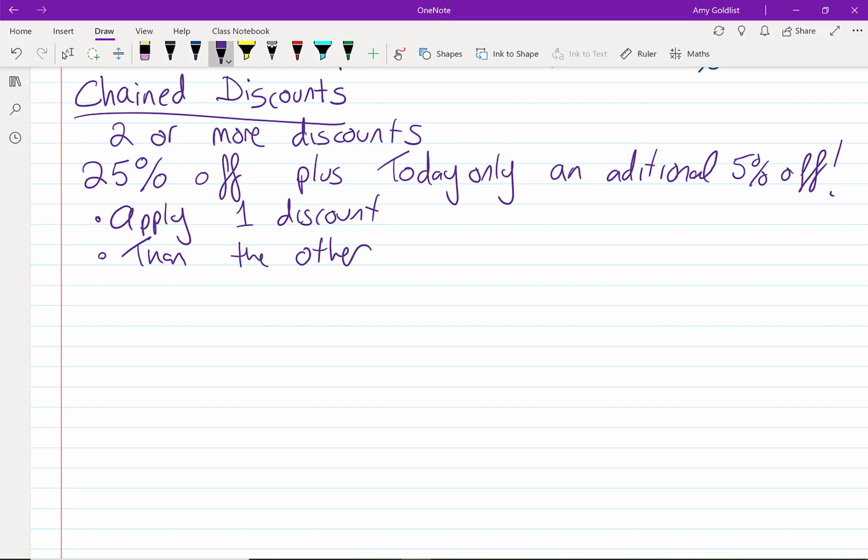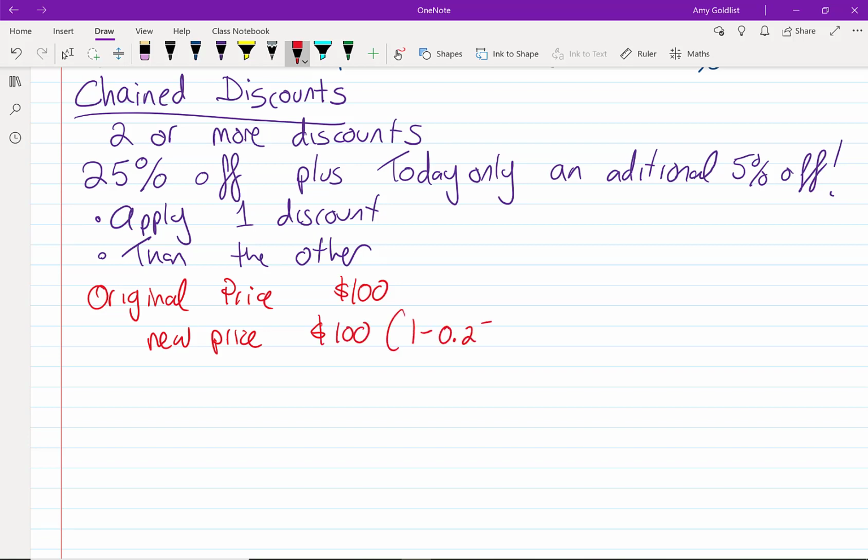So let's pretend that we have something that's worth $100. Our original price is $100, then our new price is going to be $100 times 1 minus 0.25, or $75.